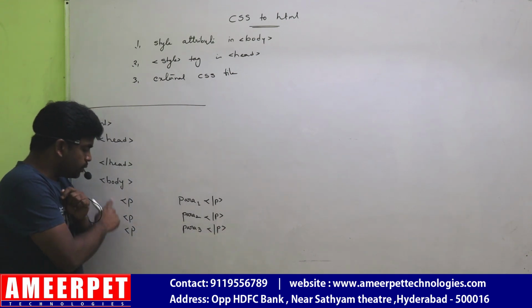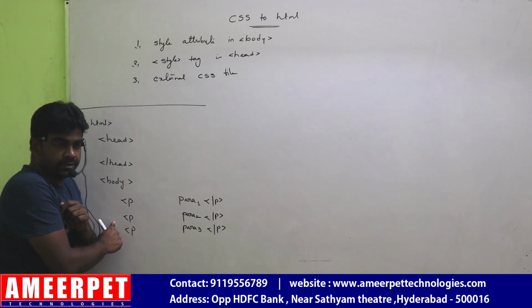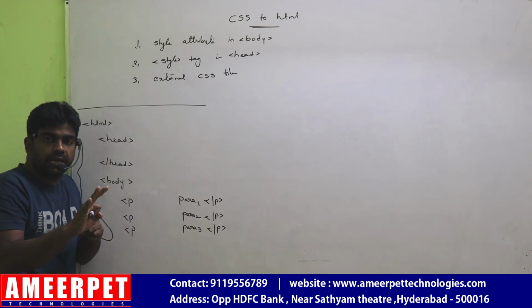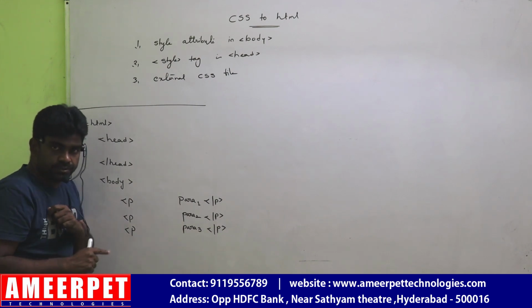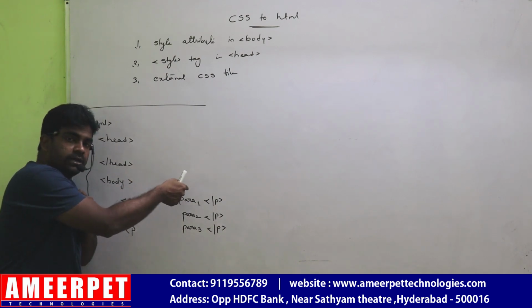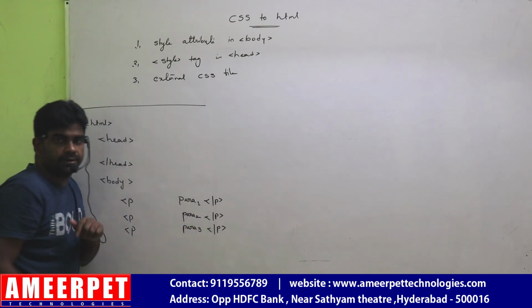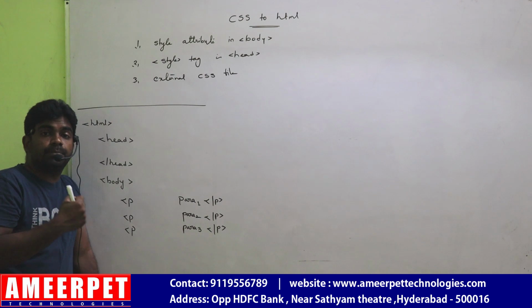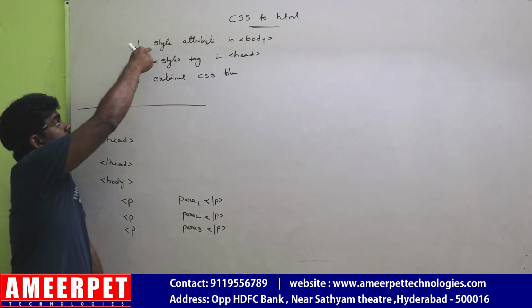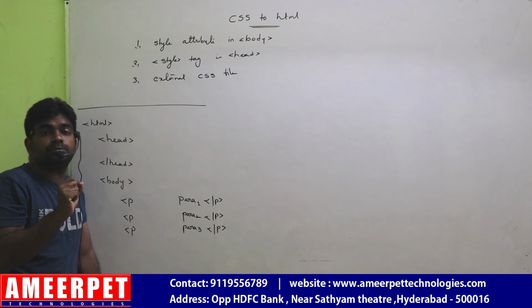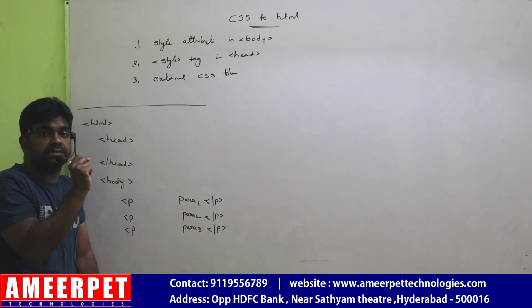Sir, why you didn't close this? I'll explain. Now the question is, I want to apply three different colors to three different paragraphs. I want to display this with a blue color, a green color, or a red color. Then we apply the style using the style attribute. We already discussed attributes must be placed inside the start tag.